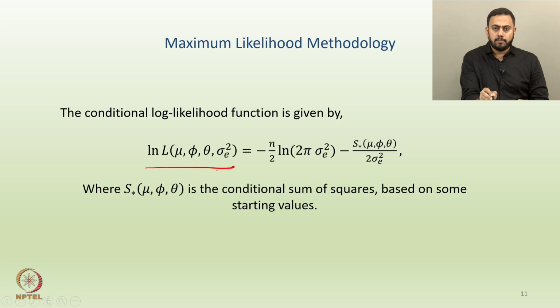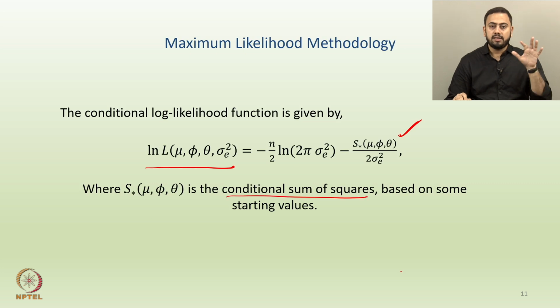Can you recollect this formula from the last lecture? The log likelihood takes this form: minus n by 2 ln of 2 pi sigma square e, minus a sum of squared residuals divided by some constant. Here I am putting a star to denote that this S star is a conditional sum of squares and not exactly the sum of squares.